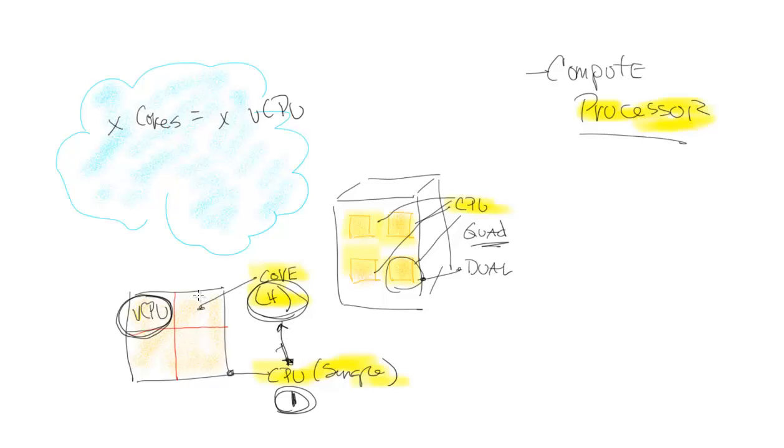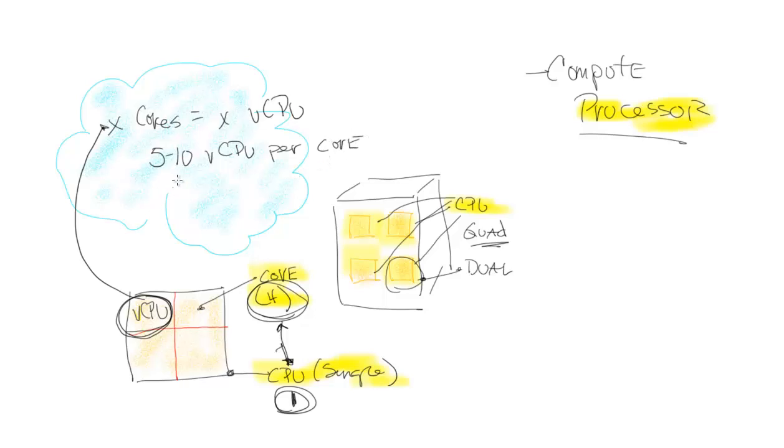I hate to keep going back, but I want to make sure we're clear here. And within here, we have multiple virtual CPUs built within those cores. Now, dependent upon the hypervisor, you're going to get, generally speaking, 5 to 10 virtual CPUs per core.